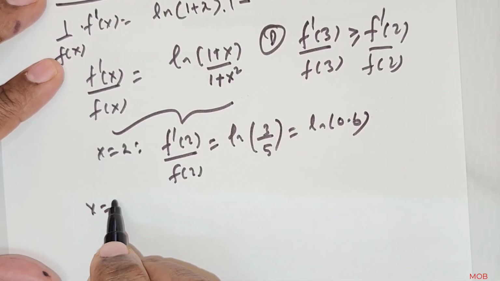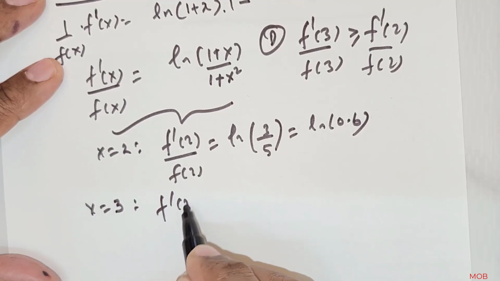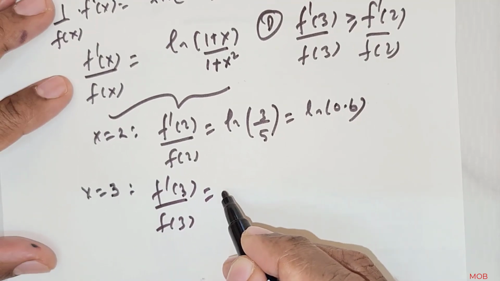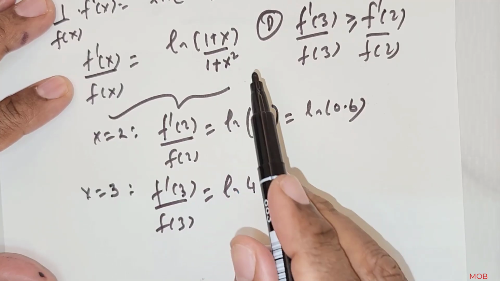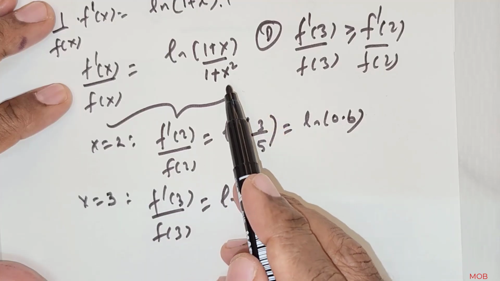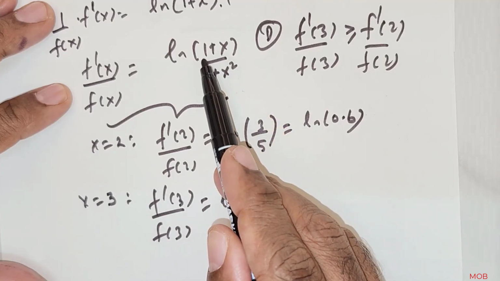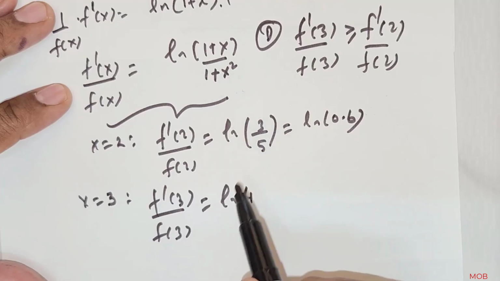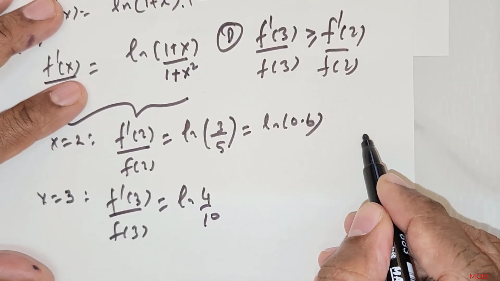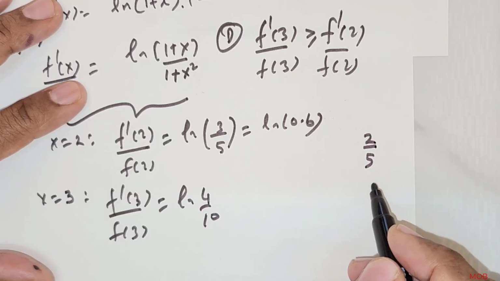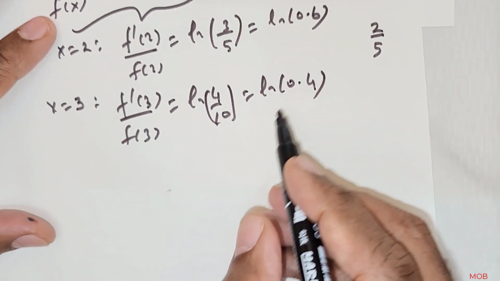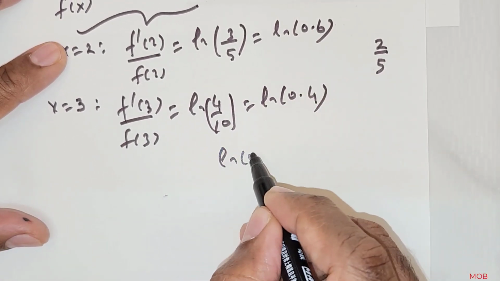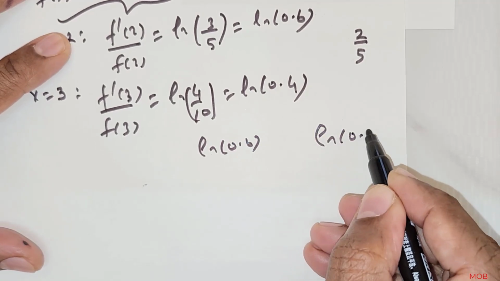When x is equal to 3, f dash of 3 divided by f of 3 is equal to ln of 4 over 3 squared plus 1. 3 plus 1 is 4, 3 squared is 9, 9 plus 1 is 10. So this is 2 over 5, which means this is ln of 0.4. So now we have to check between ln of 0.6 and ln of 0.4.